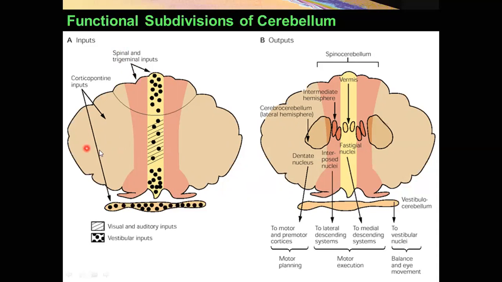And the cerebrocerebellum and the vestibulocerebellum receive corticopontine inputs. Now let's look at the efferent or output of the cerebellum. So the vestibulocerebellum projects to the vestibular nuclei for balance and eye movement, and the spinocerebellum, its vermis part projects to the medial descending systems.